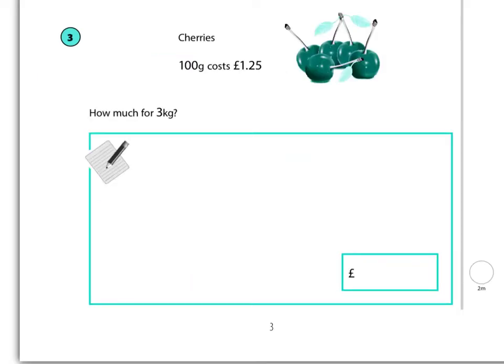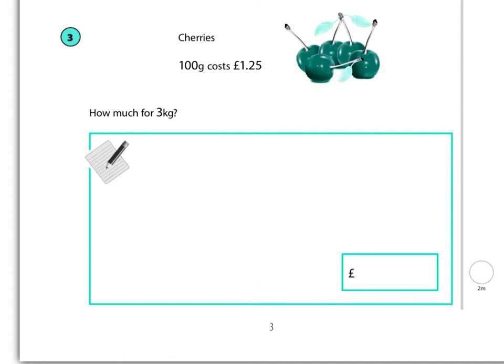Question 3. Cherries cost £1.25 per 100 grams. The question I've been asked is, how much would I pay for 3 kilograms? What I would do here is first take that 100 grams and turn it into a kilogram.